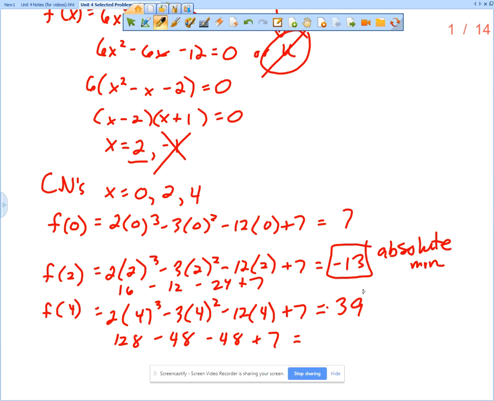And whichever one is the greatest is the absolute max. So it's important to be able to say that the absolute minimum is negative 13. Remember, you're giving the y value, and it occurs at x equals 2. 39 is the absolute max, and it occurs at x equals 4.